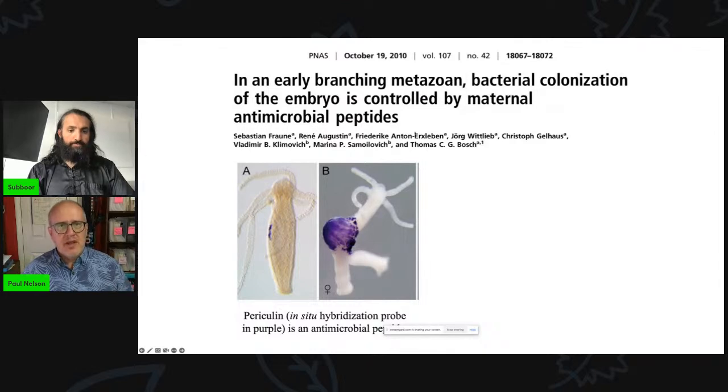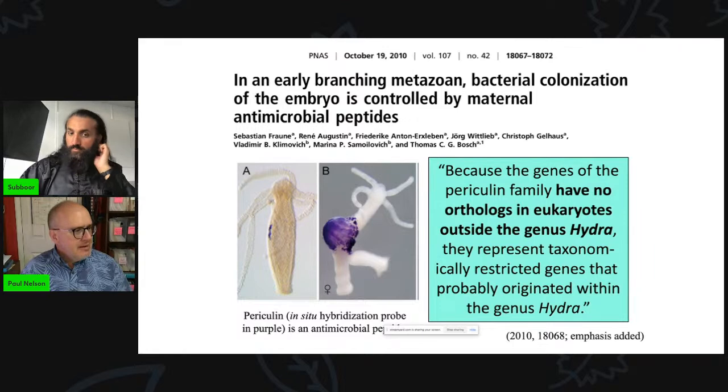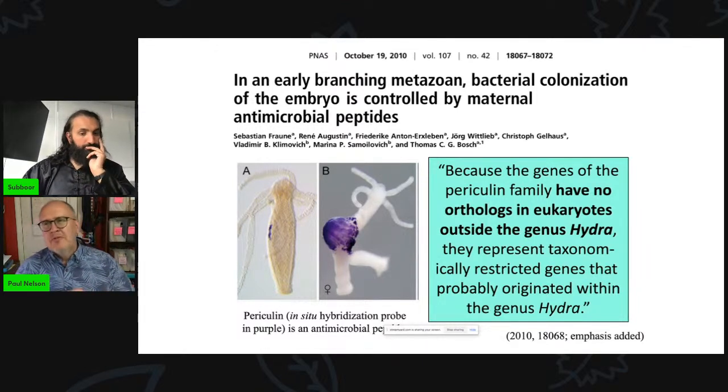This is from the PNAS publication in that journal. She supplies, if you will, gosh, I wish I could think of a good term. The medication, the therapy to keep the bacterial populations down so the embryo is not destroyed or parasitized by bacteria. Very important in that particular environment.